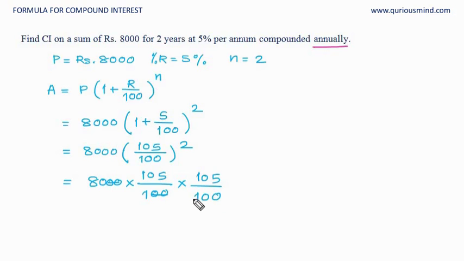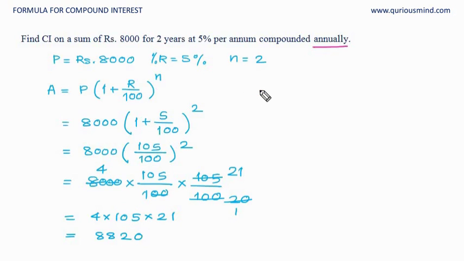Now here between them, 5 twenties are 100, 5 twenty-ones are 105, 20, 4 fives are 20. So we get 4 into 105 into 21, and that is our amount.